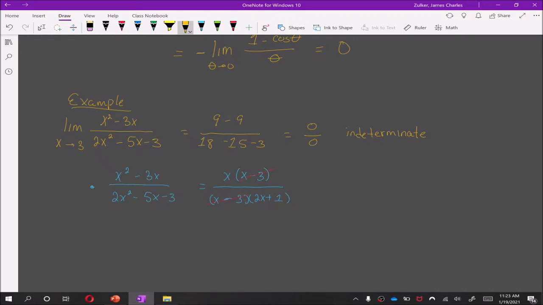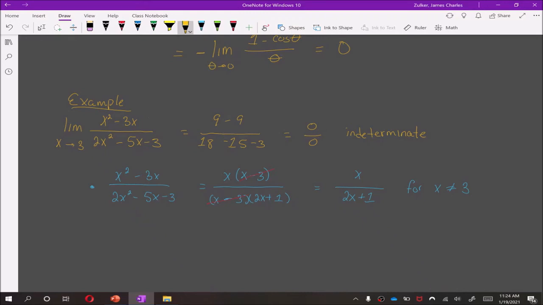Those will cancel out. And we will now be left with x over 2x plus 1. And this, of course, is valid as long as x is not equal to 3.